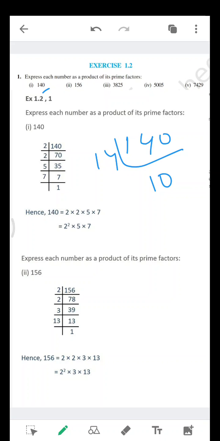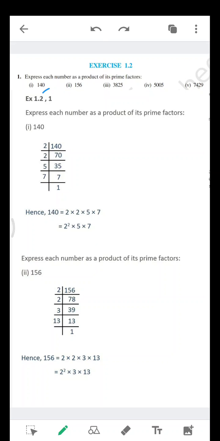That will be wrong because 14 is not a prime number. So you should not take composite numbers here. You should always take prime numbers, like 2, 3, 5, 7, 11, 13, 17, and so on. So the factors of 140 are 2 into 2 into 5 into 7, or you can write it as 2 square into 5 into 7.